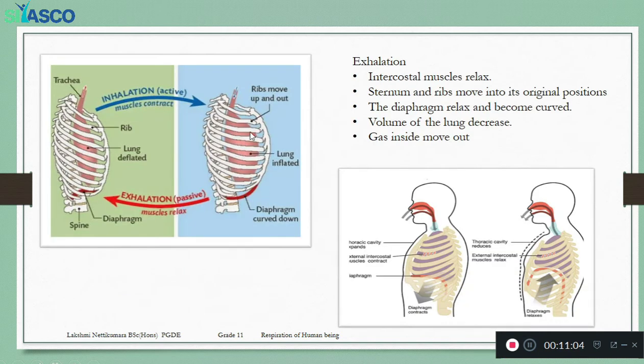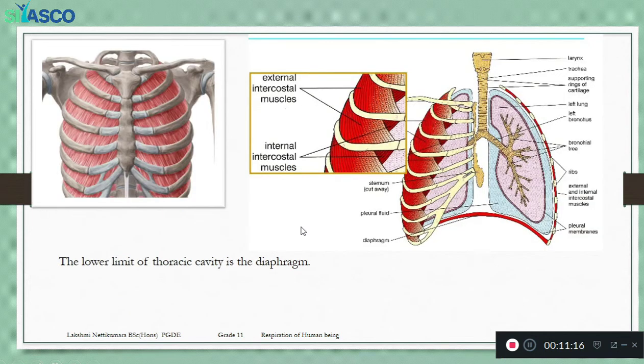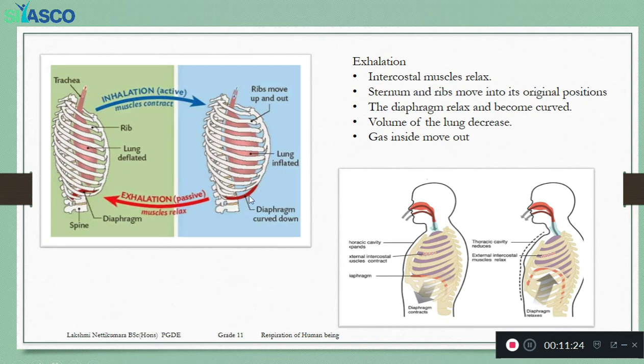The diaphragm moves downward, enlarging the chest cavity. Earlier it was upward. Now let's see how this diaphragm moves downward. Here, it moves downward and increases the volume.